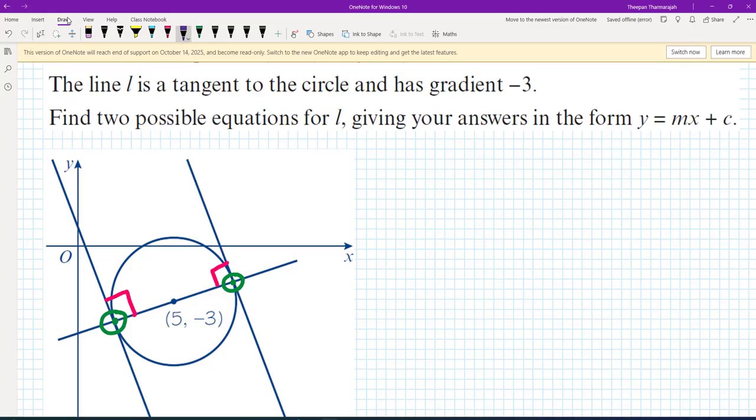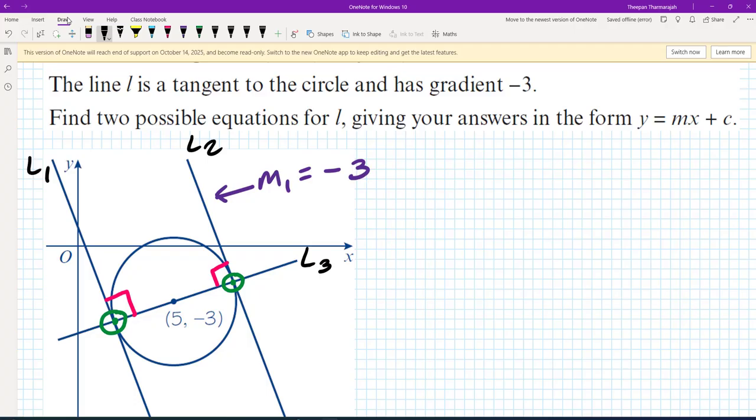And we need to work out the final equations of both tangent lines. But what we've been told is that this gradient, call it M1, is −3. Because it's perpendicular to the line that passes through the center, I'm going to label these so it'll be easy to read: L1, L2, and what we want is the equation of L3, the line that passes through the center.